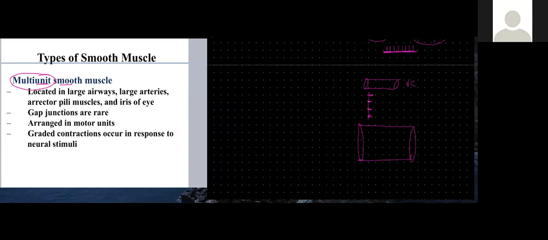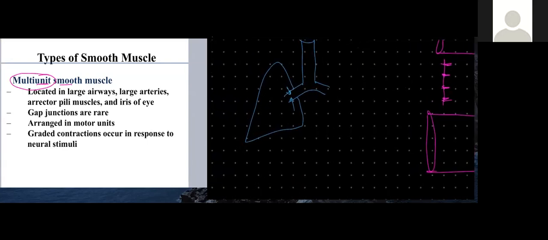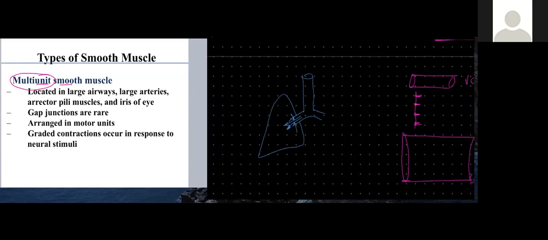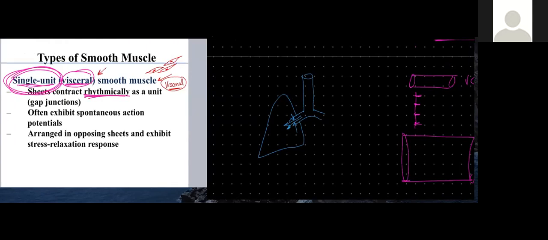Same concept for the bronchi that regulate the airflow to your lungs. It's not either you fully constrict the bronchi or you fully dilate the bronchi. You have different stages of contraction of the bronchi to be able to regulate the amount of air that you're allowing into your lungs. So this is the difference between a multi-unit smooth muscle and a single unit smooth muscle.